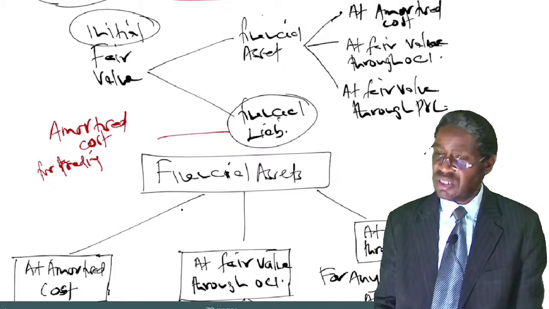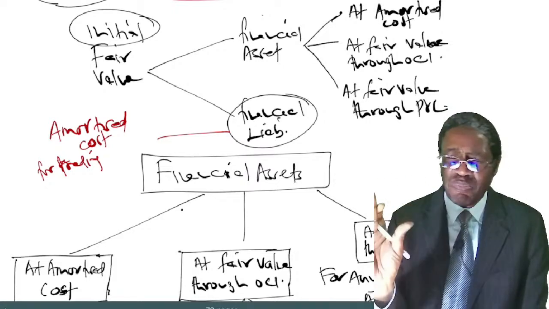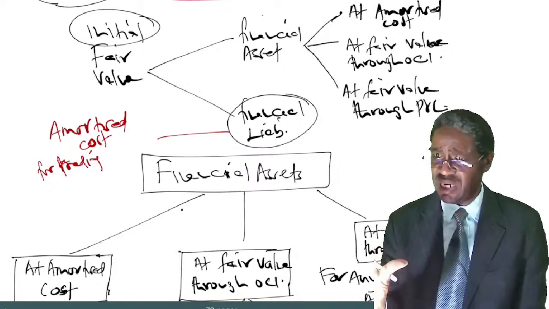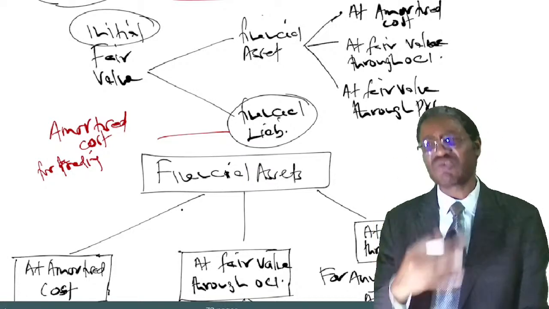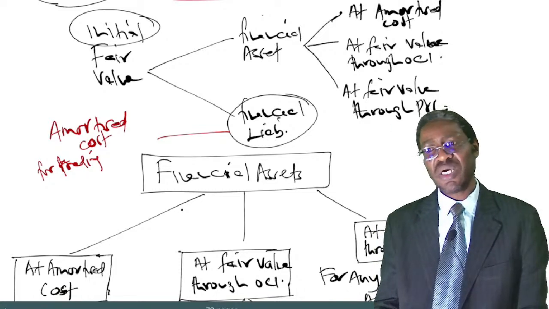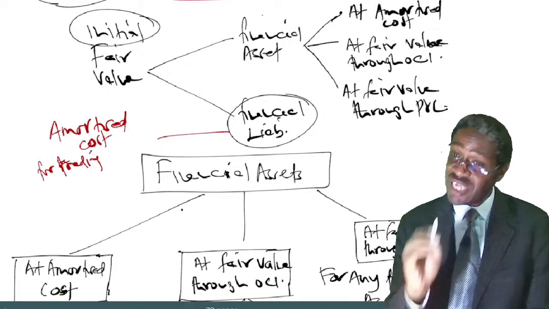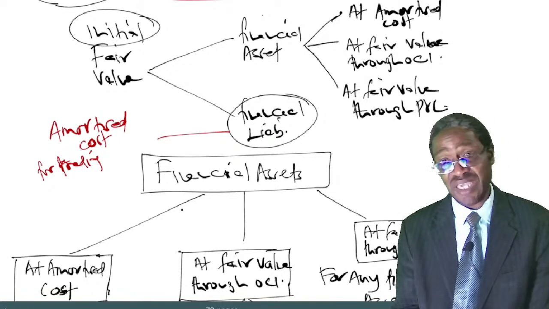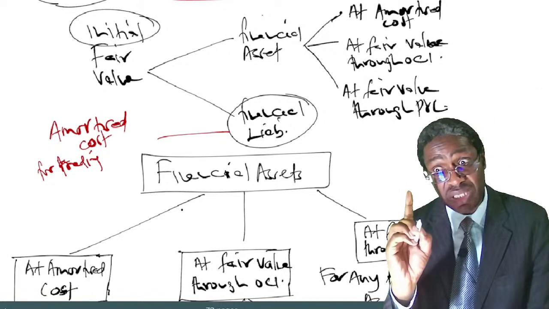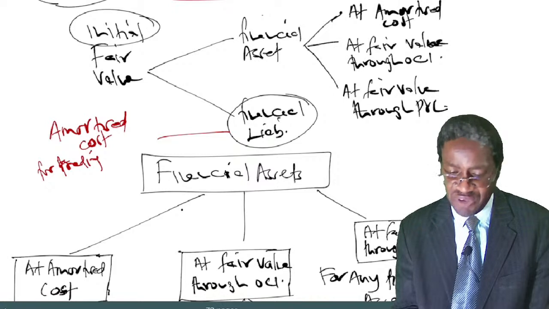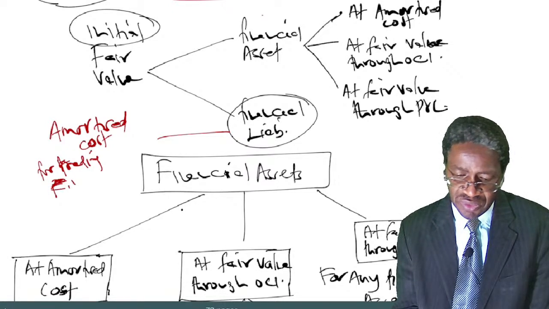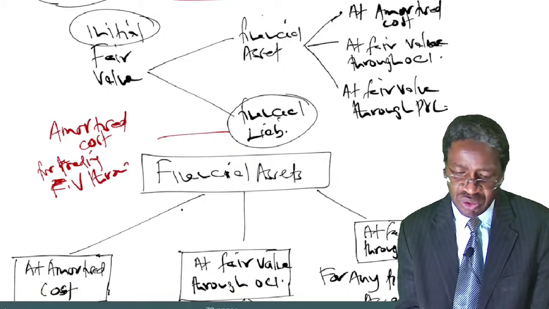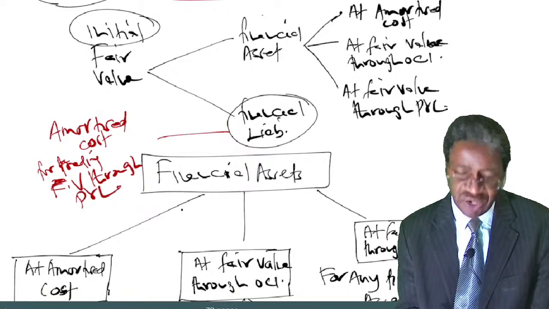Now, if a company does that, which is rare, normally whenever a company issues bonds, they are issuing them to raise finances. And so we are saying, in case it is for trading, then they should be measured at fair value through P&L.